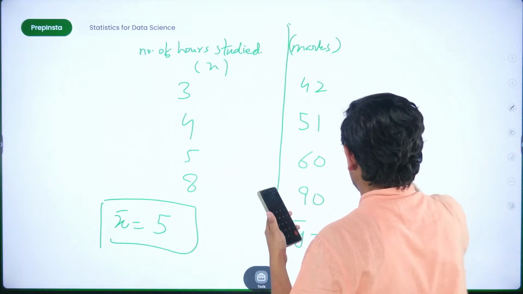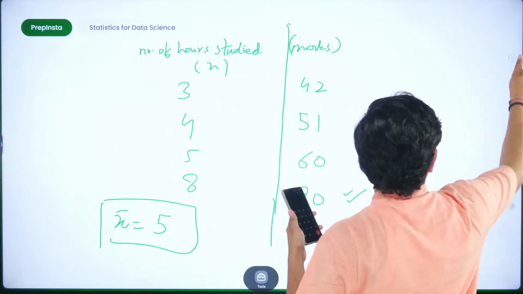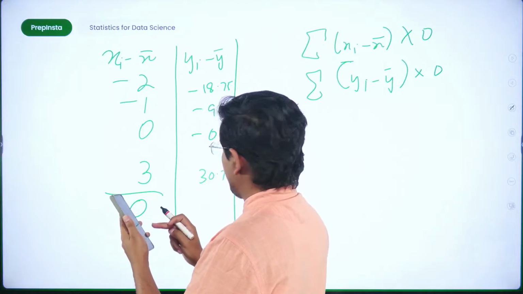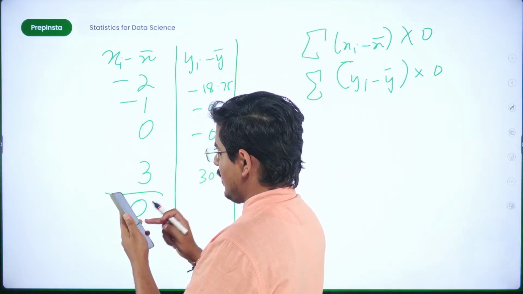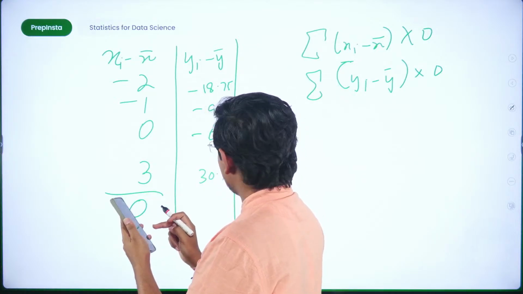So yes, we are getting it right. 30.75, rest is fine. So let's check how it is behaving. 18.75, and this should give you a very fine idea of this.